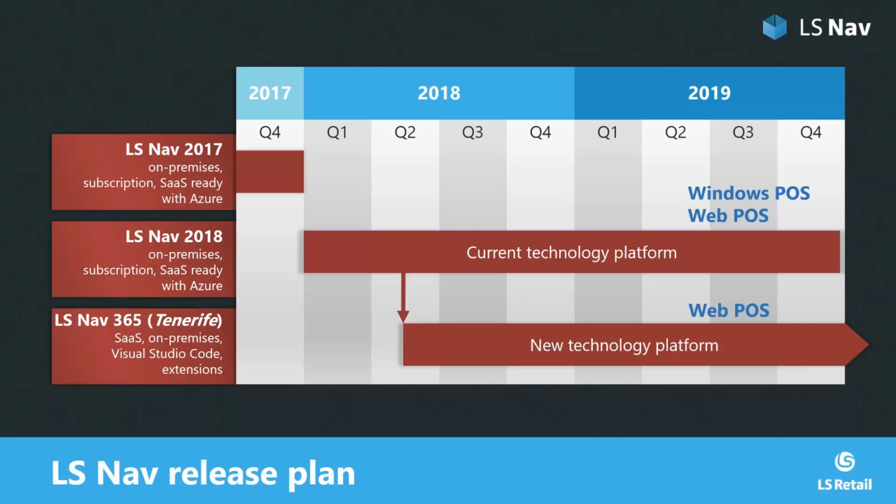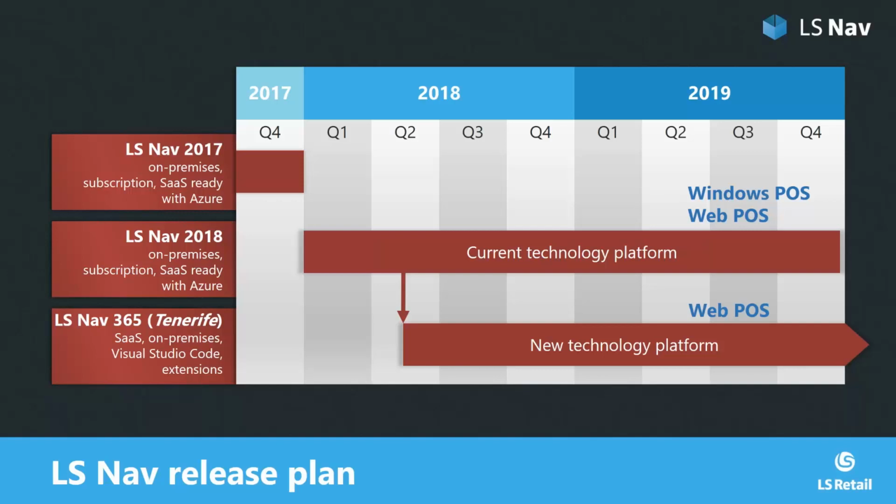But in LS Nav 365, we will only have web POS, because that's our future POS, and we need the web POS for the new cloud and communication with a wide area network.